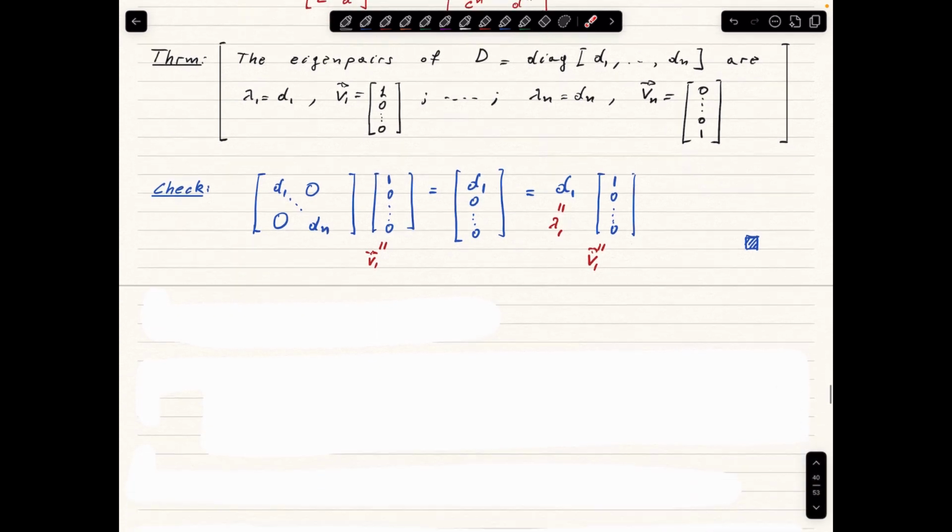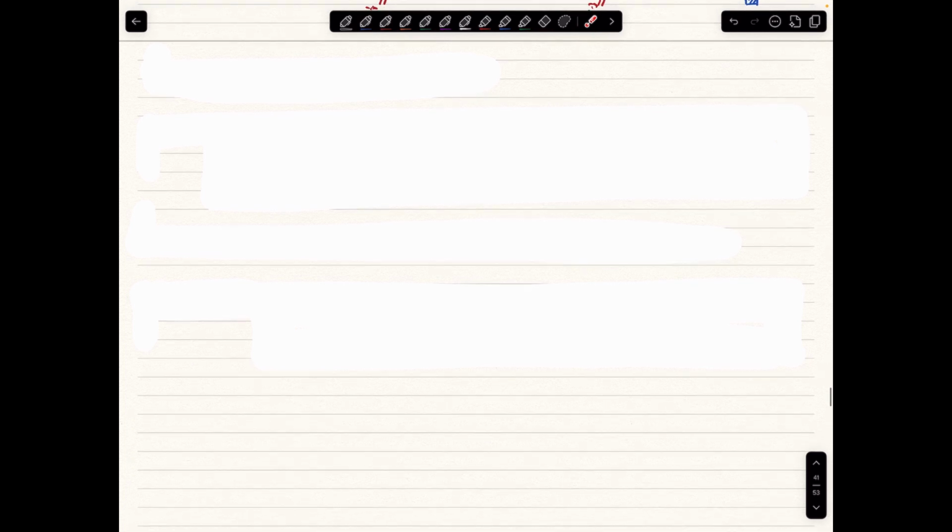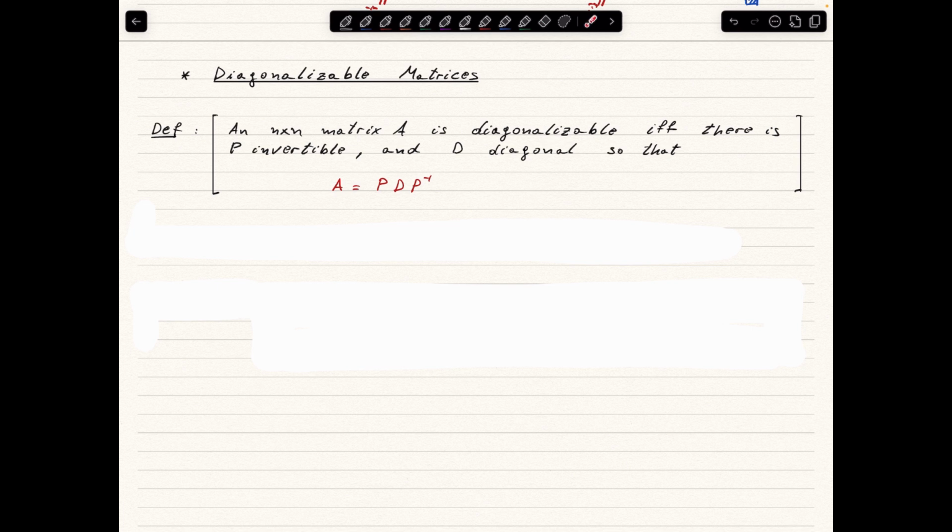So let's introduce this type of more complicated matrices called diagonalizable matrices. And here is the definition. An n times n matrix A, so we are always working with square matrices, is diagonalizable if and only if there is an invertible matrix P and a diagonal matrix D, so that the original matrix A can be written as a product of three matrices, which are the matrix P, the diagonal matrix D, and the inverse of the matrix P, in that order.